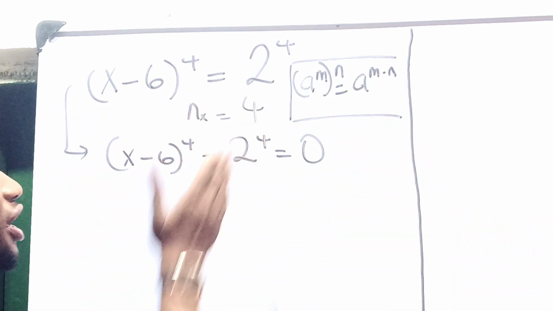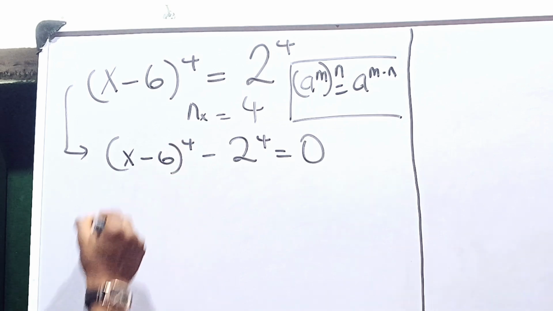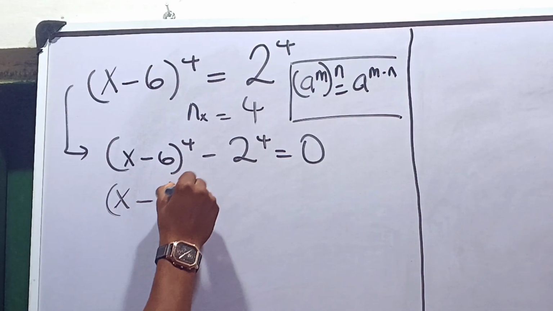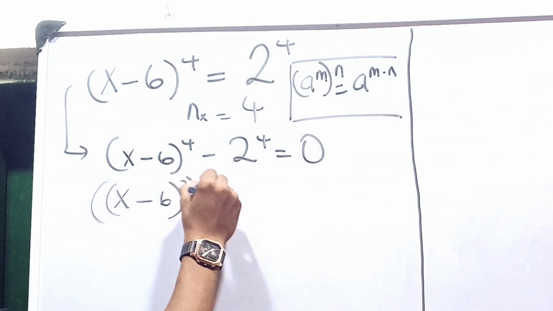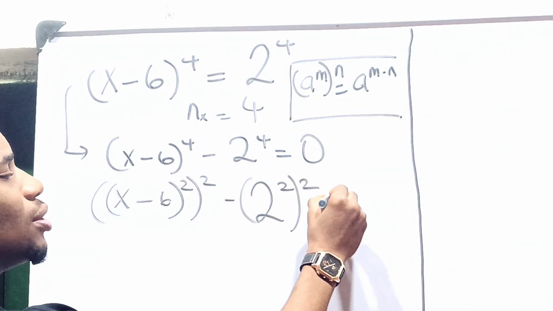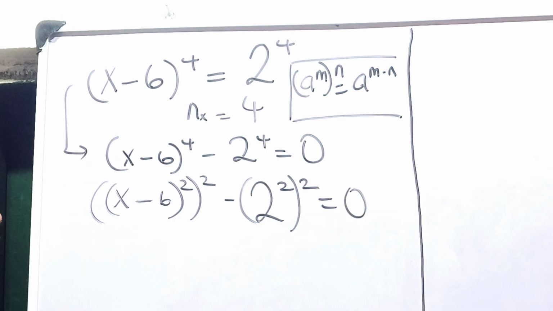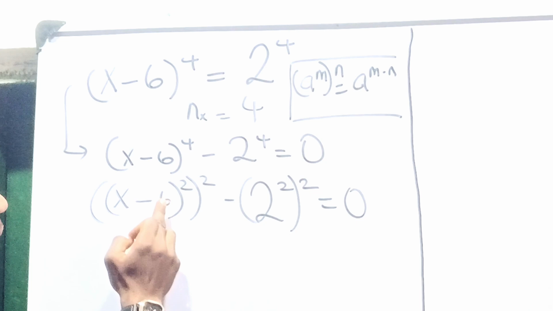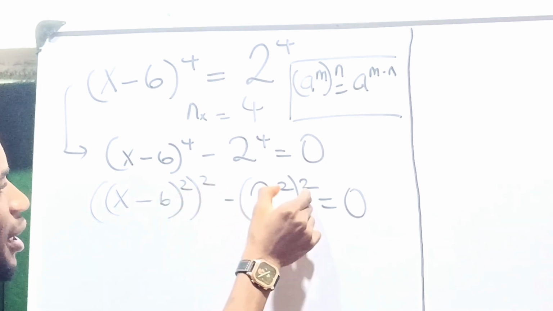Now, applying this law here, we can say that this becomes ((x − 6)^2)^2 minus (2^2)^2 is equal to 0. Okay, and this is the difference of 2 squares. So we have this in the bracket squared and this in the bracket squared.